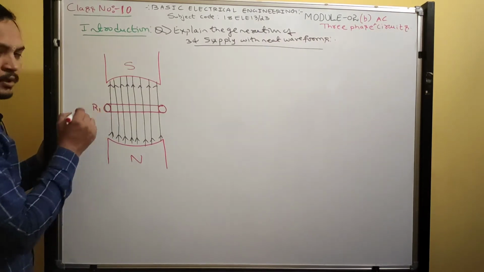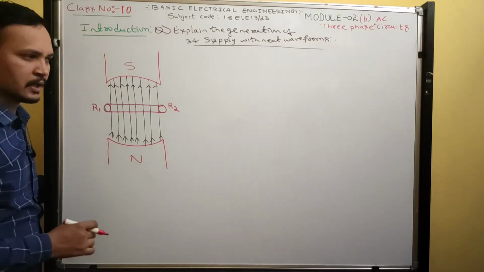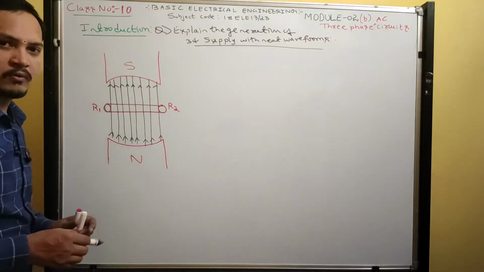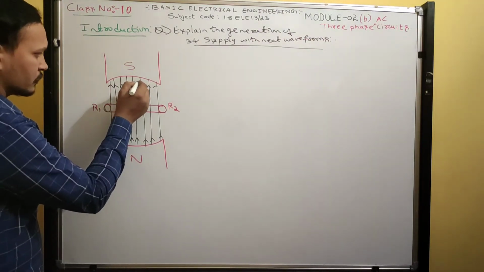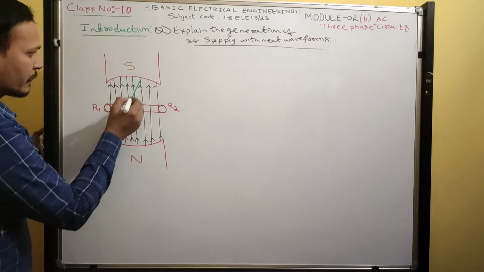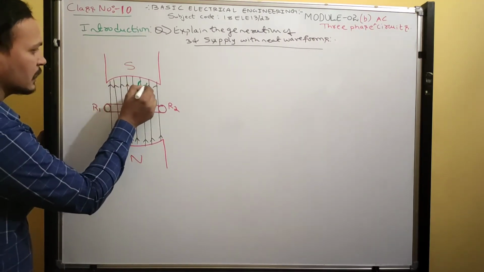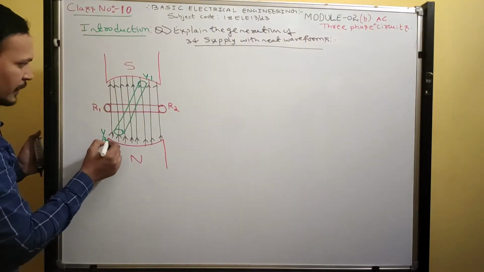It has two ends, R1 and R2. R1 is called the starting end and R2 is called the finishing end. Another one is the Y-phase winding. The Y-phase winding lags the R-phase winding by 120 degrees. This is Y1 and the other end is Y2.